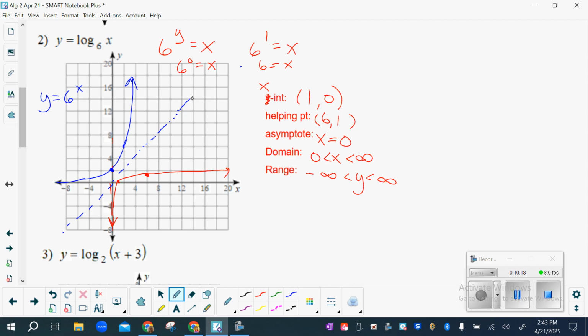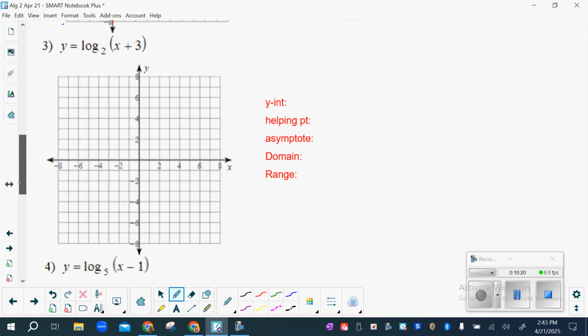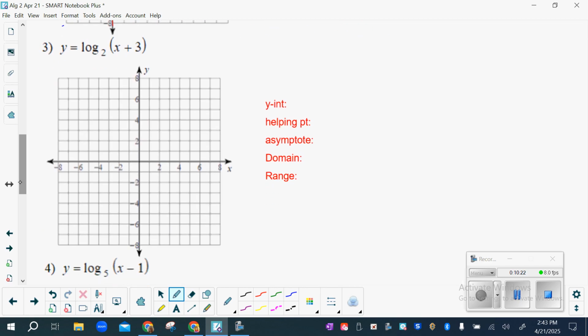Okay, 3 gets a little harder. What's my first step on number 3? This group here. What's my first step? Good. 2 to the y equals? Good. So now we want to find an x-intercept.